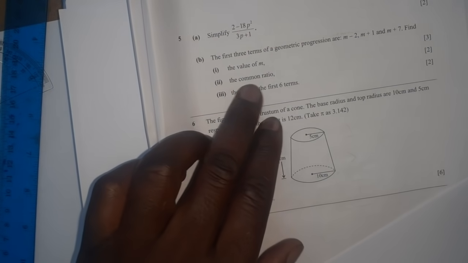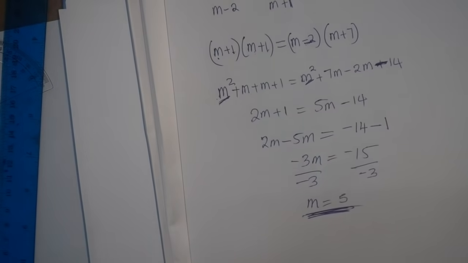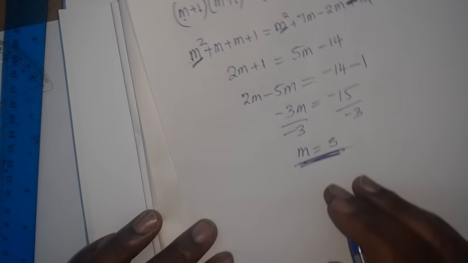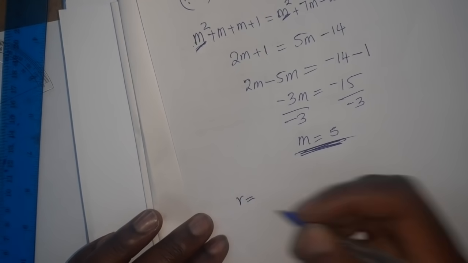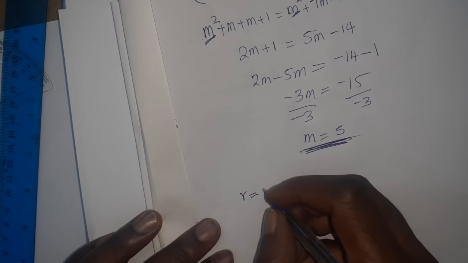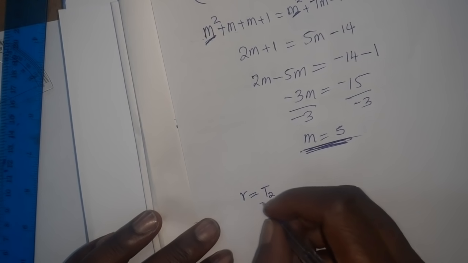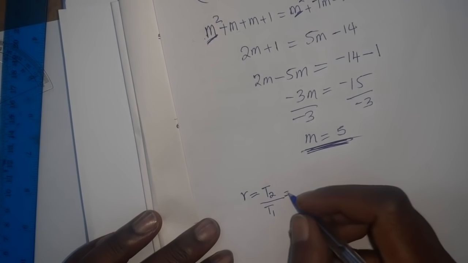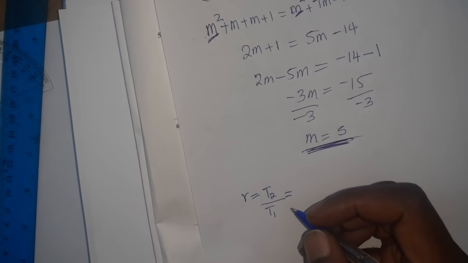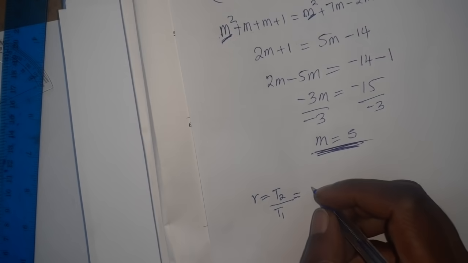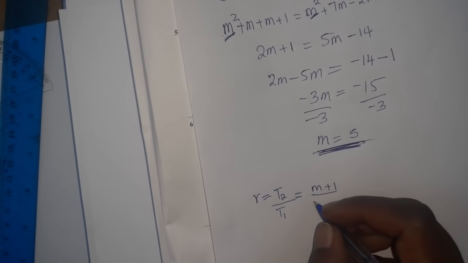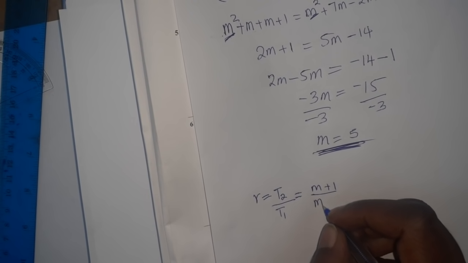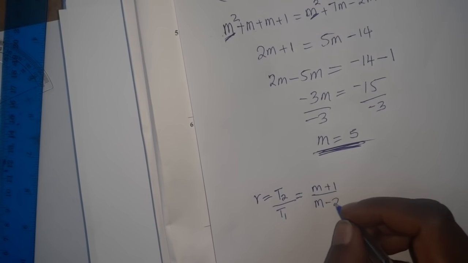So we can move on to the second question, the common ratio. How do we find the common ratio? Common ratio, which is represented by the letter R, is second term divided by the first term, or third term divided by the second term. So we are going to say our second term is m plus 1, and our first term is m minus 2.